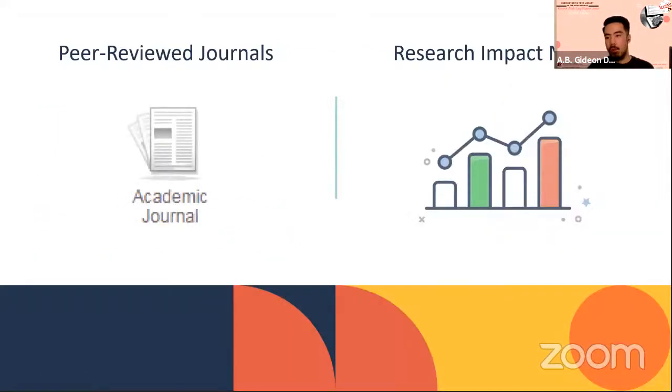Okay, so another tip that I want to leave you students is to make sure that the specific journal titles that you're going to look for, if you are going to locate resources from academic journals, especially in your respective discipline, is that they are peer-reviewed journals. Okay, so whenever we say peer-reviewed journals, these are journal titles that have various editors in them.